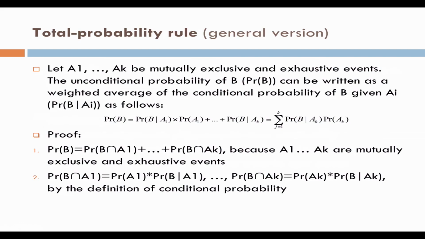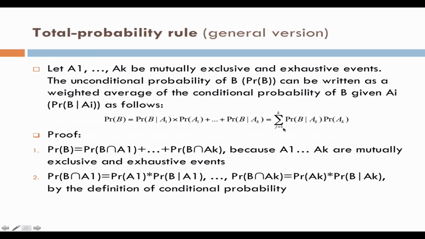And then if you think about the total probability, you can actually generalize that into these mutually exclusive and exhaustive events. So probability of B can be decomposed into these K components.